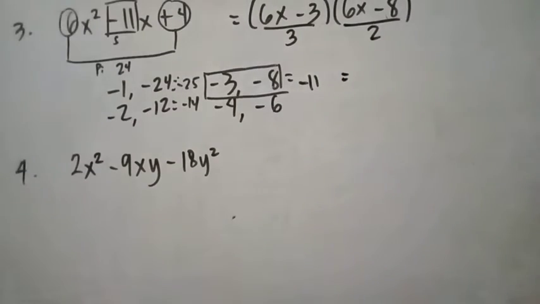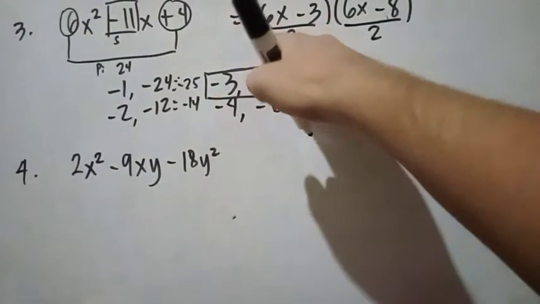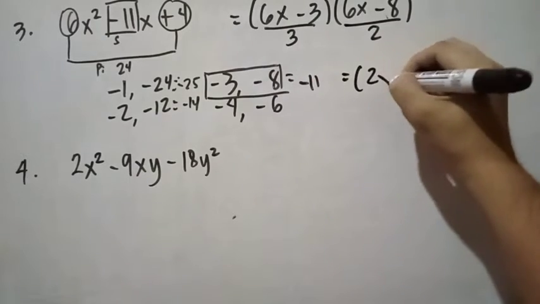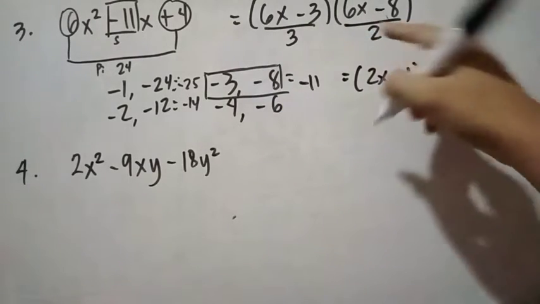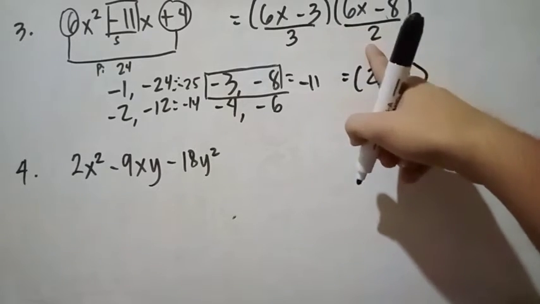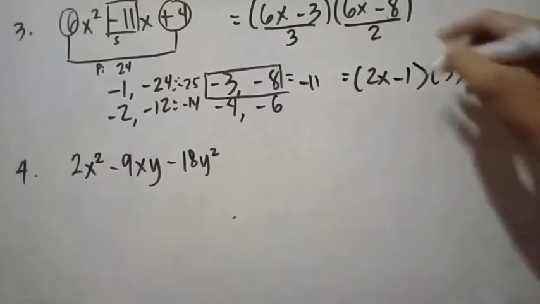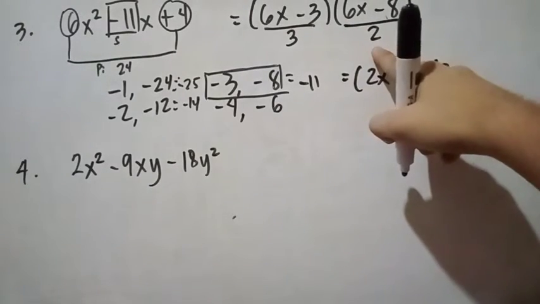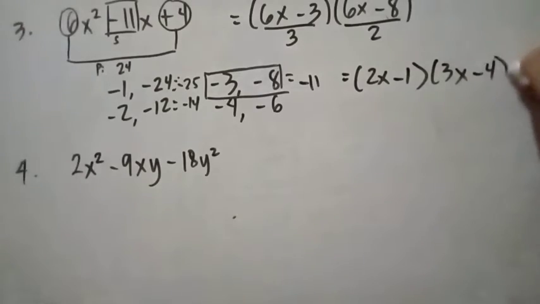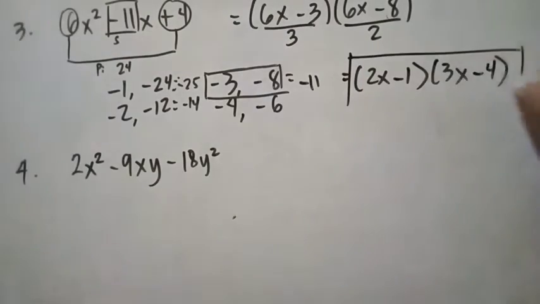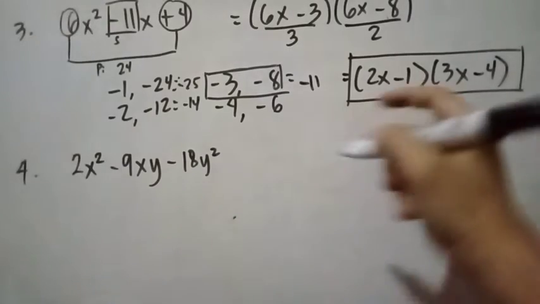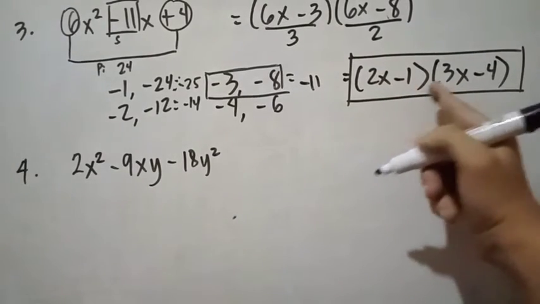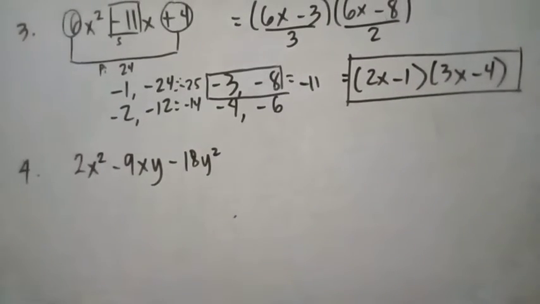By doing so, 6x divided by 3 is 2x, and negative 3 divided by 3 is negative 1. Tapos dito naman, 6x divided by 2 is 3x, and negative 8 divided by 2 is negative 4. And these are the factors of 6x squared minus 11x plus 4. We have 2x minus 1 and 3x minus 4. Okay.